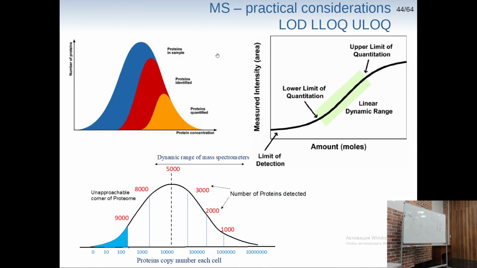So, the idea here: we have our proteome, which differs by copy number in each cell. We can get this part of the proteome, where there are some housekeeping proteins or other highly presented proteins, without any problems.